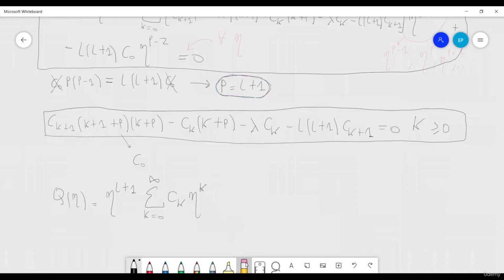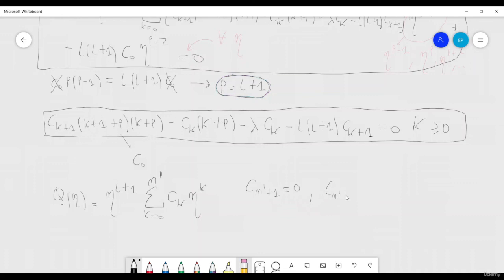So there exists some index n prime, above which the coefficient c sub n prime plus 1, for example, would be equal to 0.